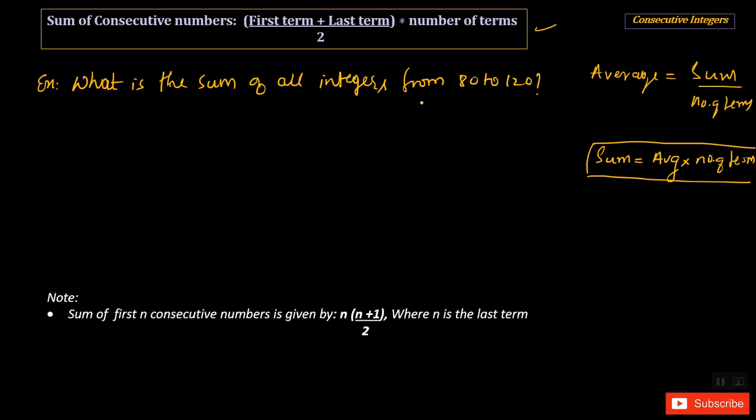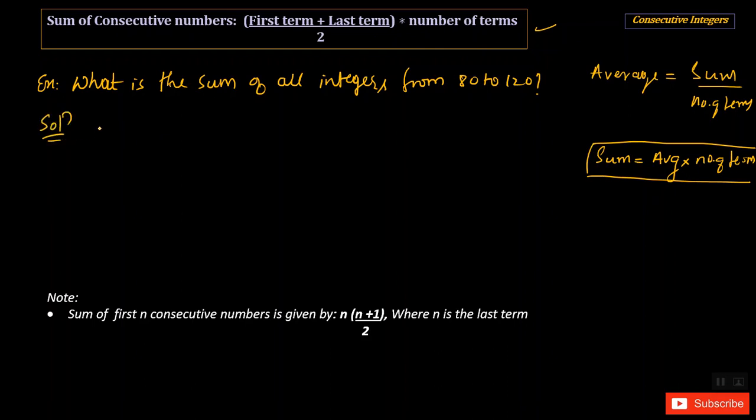Whenever they specify a range from this one to that, it is a way of representing consecutive integers from a certain range, right? See, as I told, the sum is basically the average of the first and the last term times the number of terms. So it's important to calculate how many terms are here.